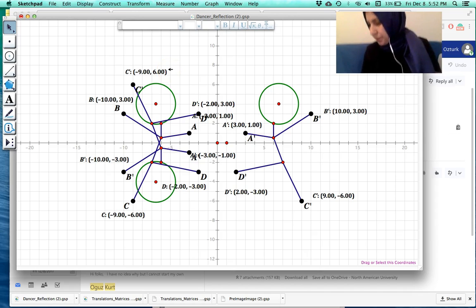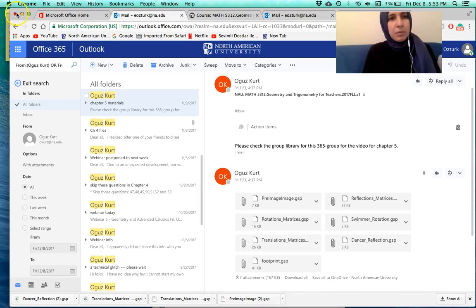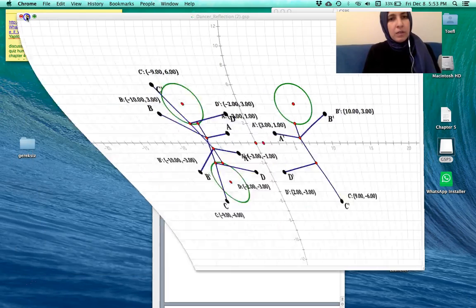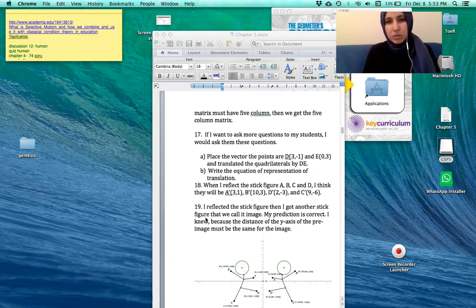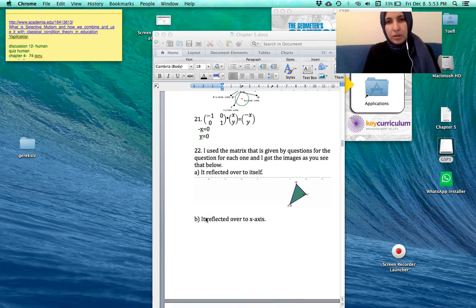Question 21. Solve two systems of equations to show how the solution A equals minus 1, B equals 0, C equals 0, and D equals 1 were found. I want to show my answer, how I solved question 21.